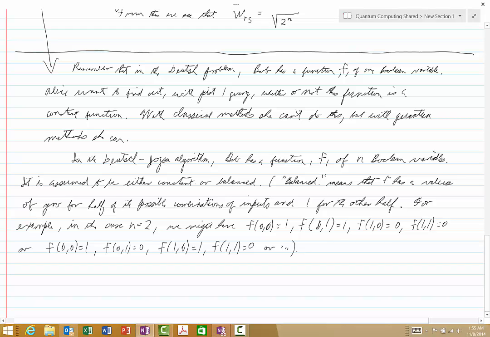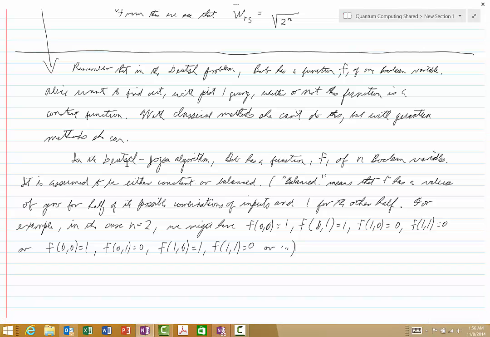So the word balanced just means, as the word suggests, the function is balanced out. Half the time it's equal to 0, and half the time it's equal to 1. Whereas a constant function is either always 0 or always 1. So it's guaranteed here that Bob has a function of one of these two types. It's either a constant function or a balanced function, and Alice wants to know which is the case.